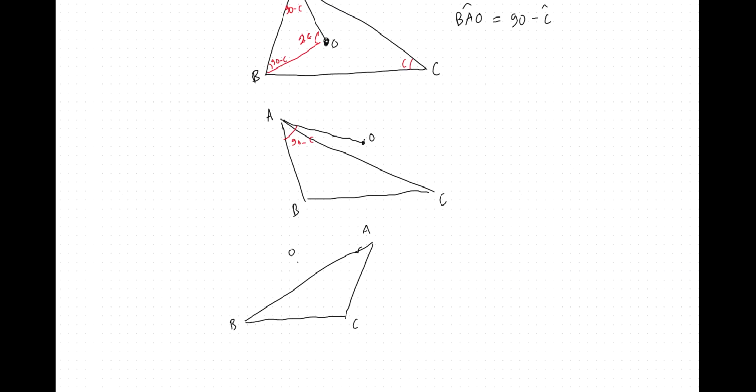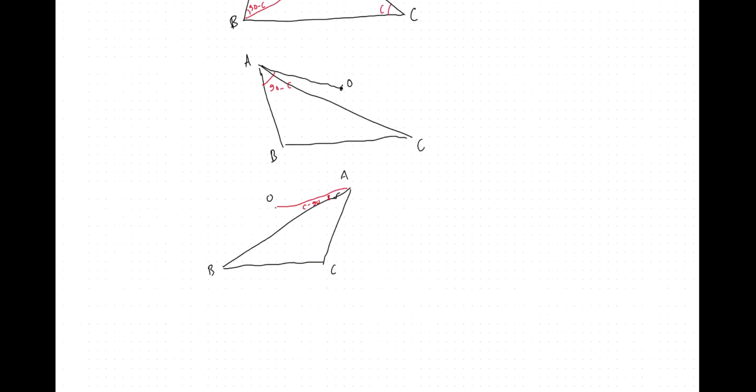So what really happens is this is C minus 90. You can convince yourself that this is true. In all the different pictures, we see the same theorem.